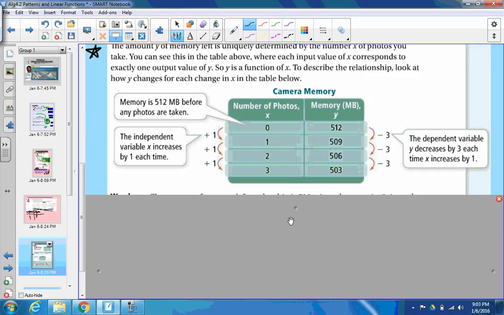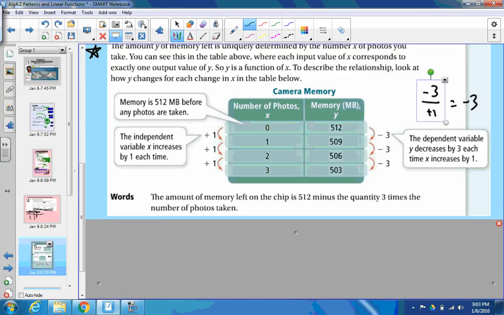So if we look at those successive differences that we talked about, as you add one photo, you actually go down in memory. So we said to use that fraction of change in y over change in x, which would be -3 over +1, which is actually the same thing as -3, if you'd like to leave it at that. -3 divided by 1 is -3.